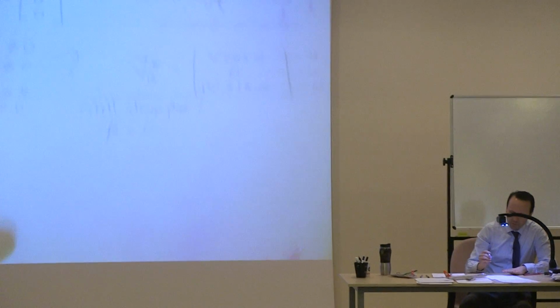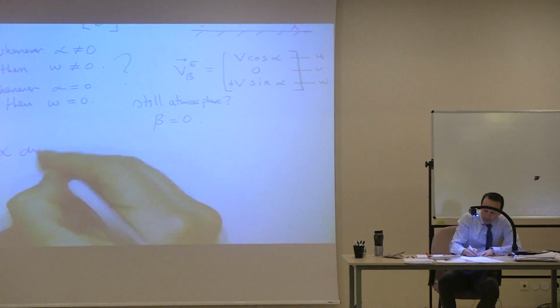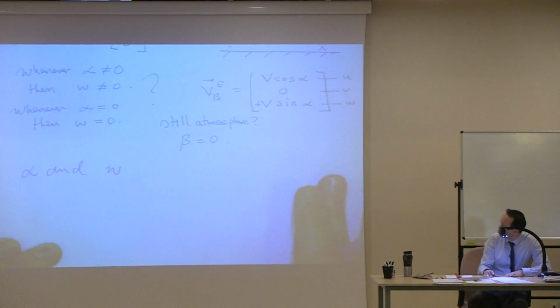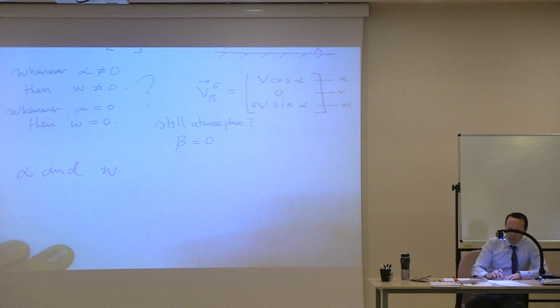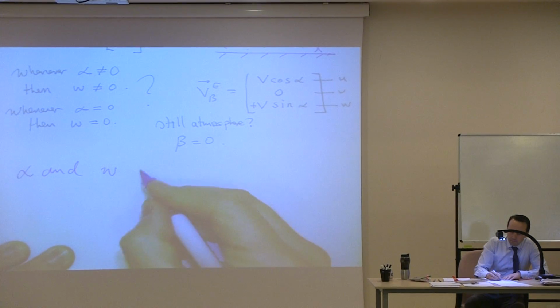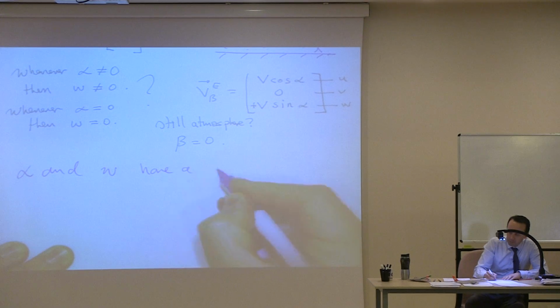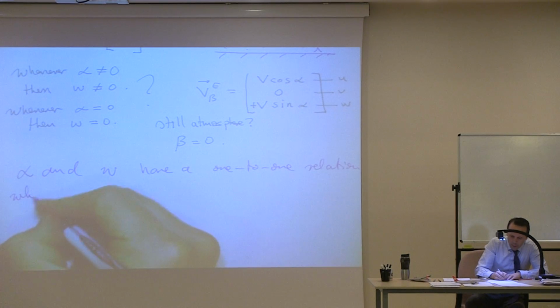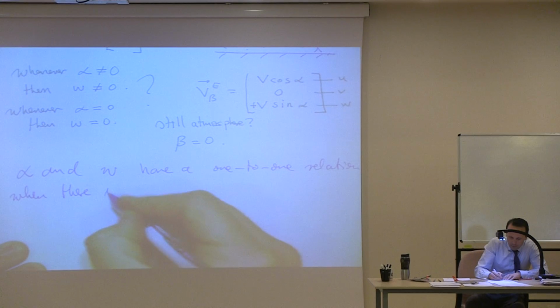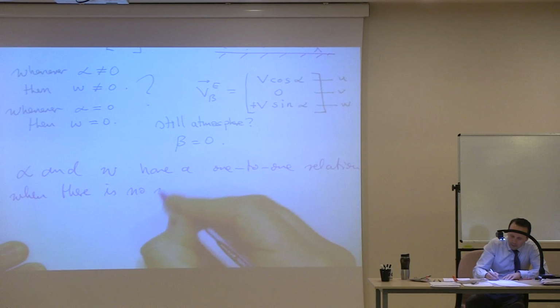So here's my conclusion. Alpha and w, the body velocity z component, have a one-to-one relation when there is no wind.